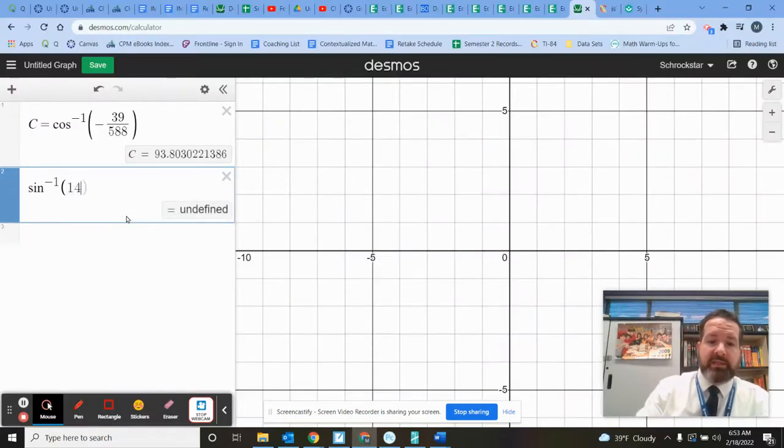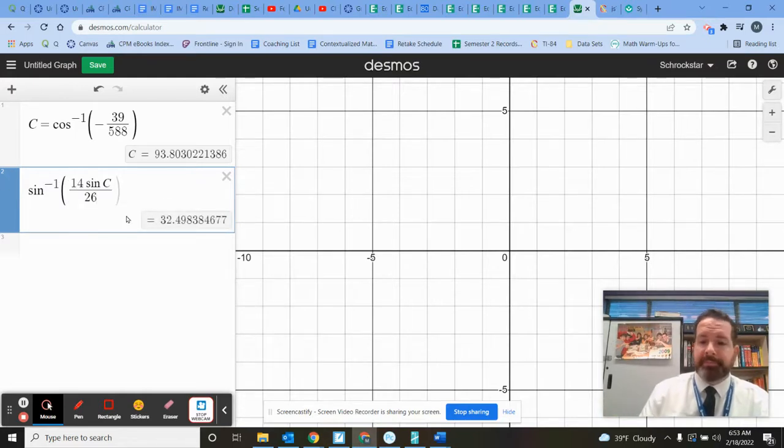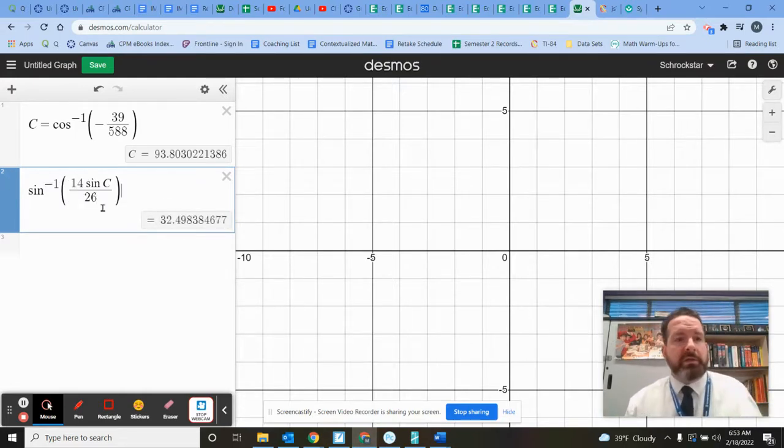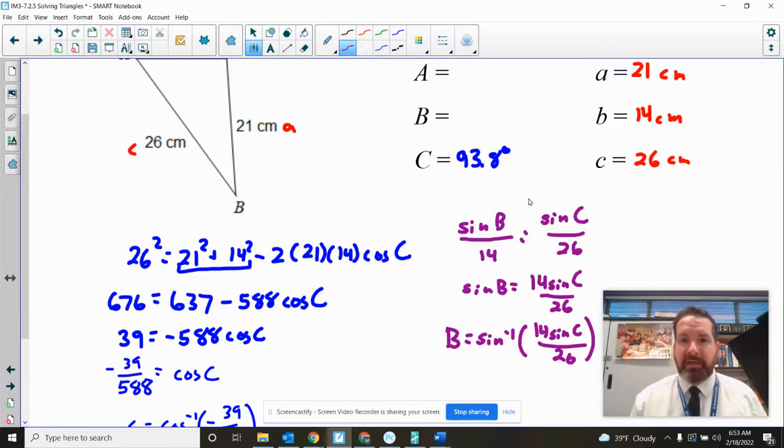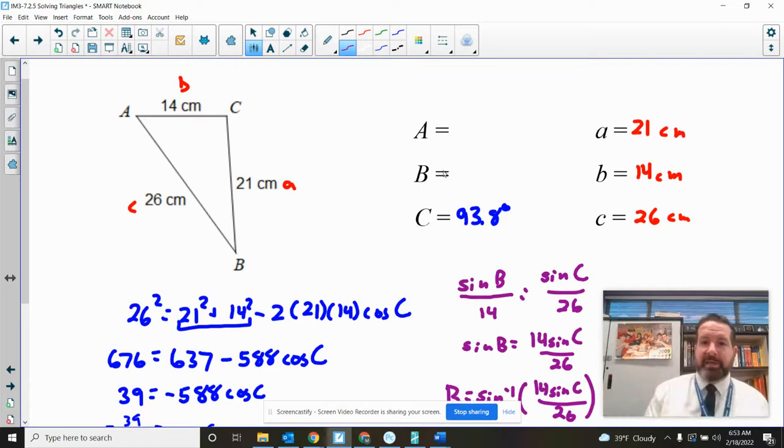So 14 sine, and I'm going to type the letter C over 26. My angle B is about 32.5. Okay. So angle B is about 32.5 degrees.